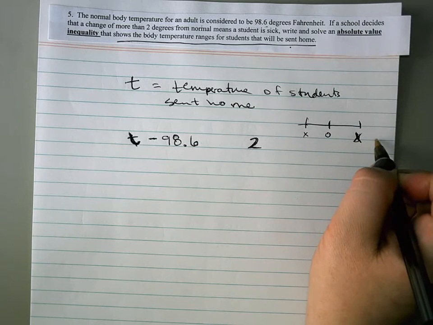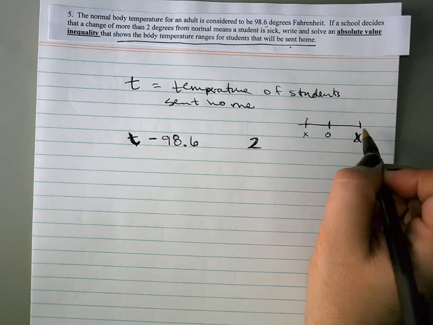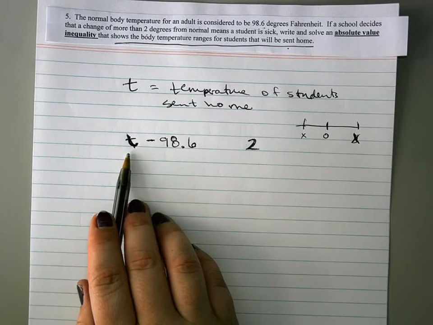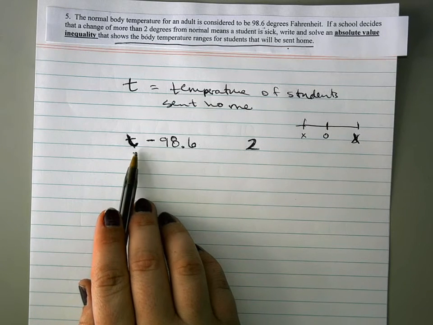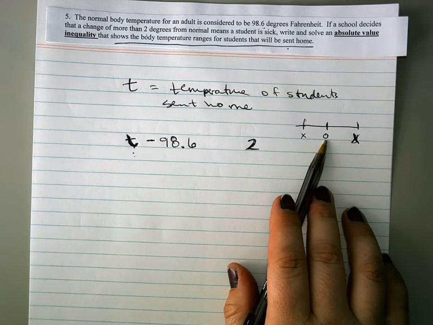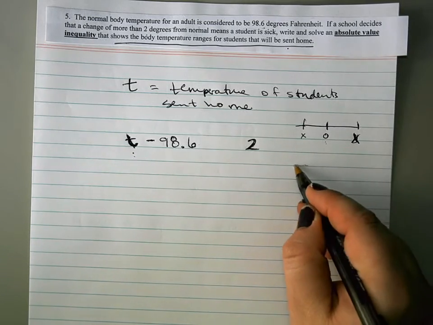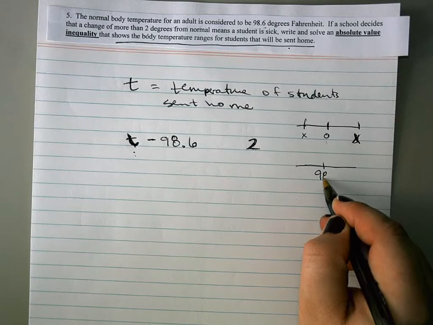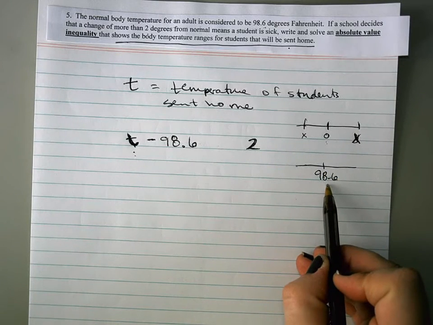Now what we're doing with this idea of absolute value is we're looking to see how we can express distance not only to 0, but distance to a specific value.